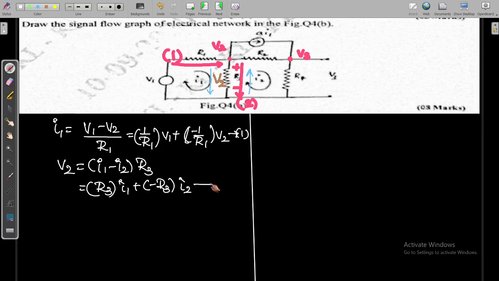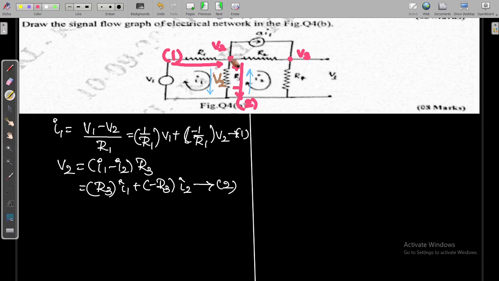So this is equation number 2. Next, let us write the branch current equation for another branch, this branch. What is the current here?